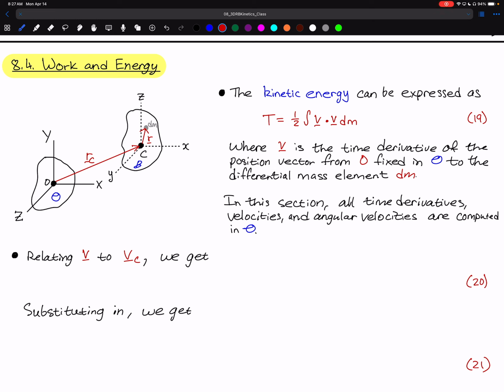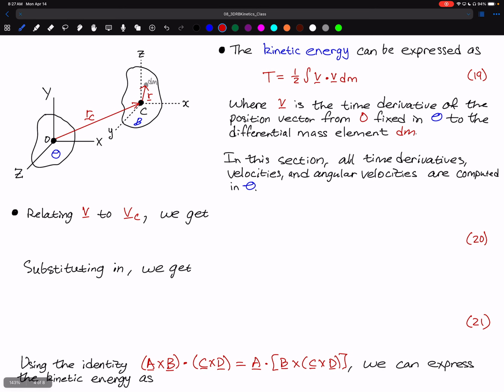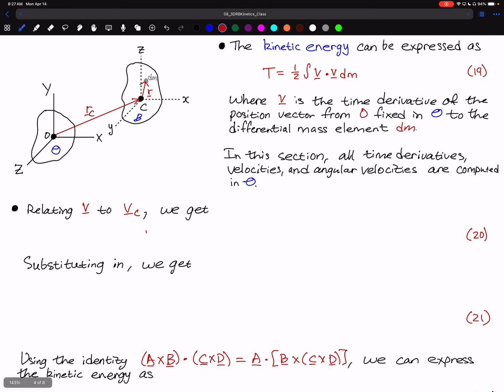We're going to then relate our velocity v to the velocity of the center of mass, and we'll get here simply that v is equal to vc plus omega crossed with r, where r here is the relative position of dm with respect to the center of mass.